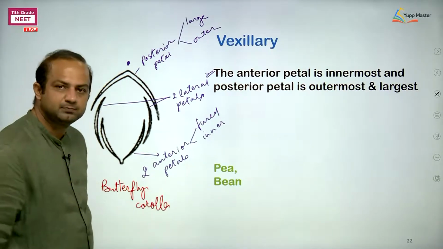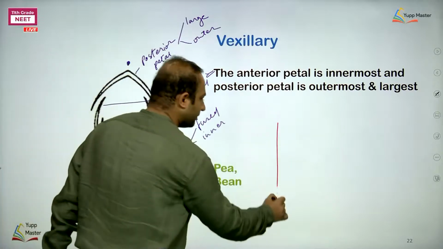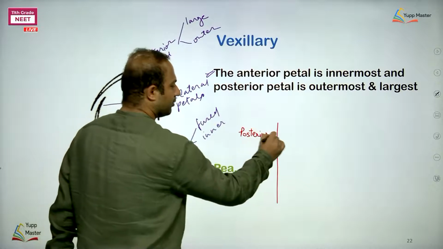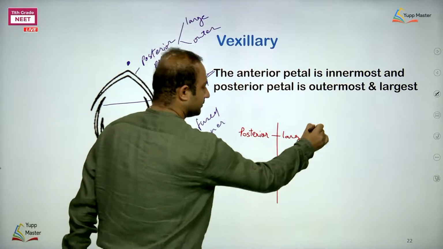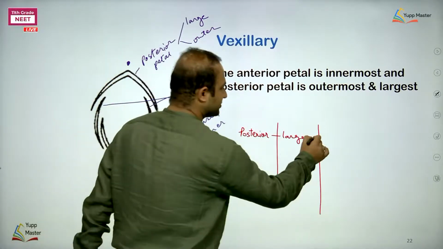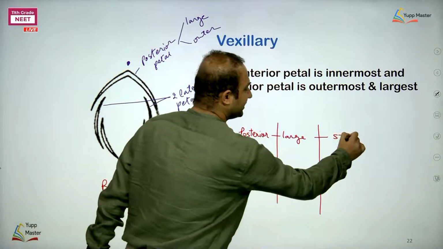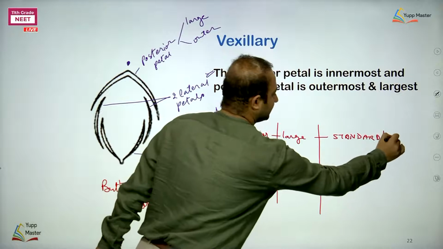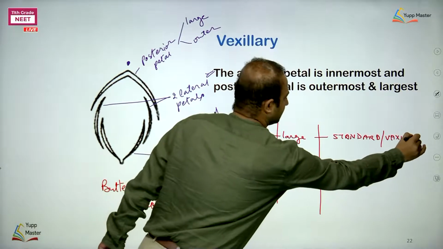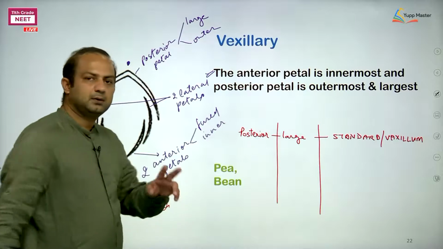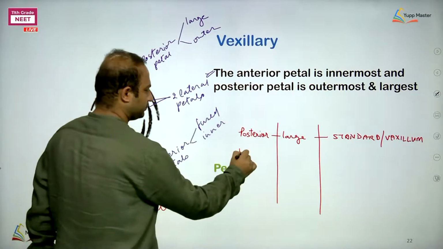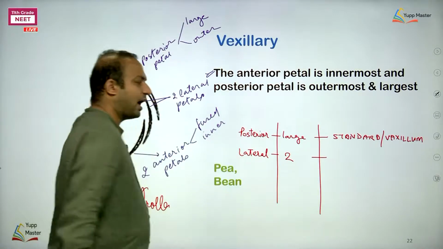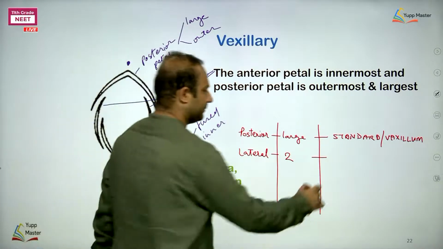Means pea and bean. Okay. So we say the posterior petal, which is large and outermost as well, is stated as standard or vexillum. The lateral two are called wings or alae.